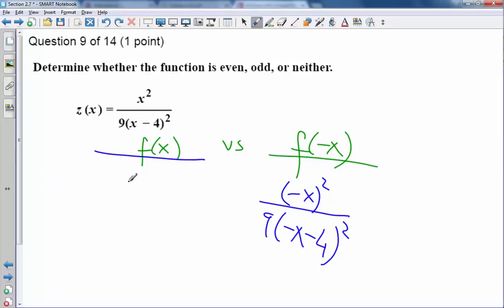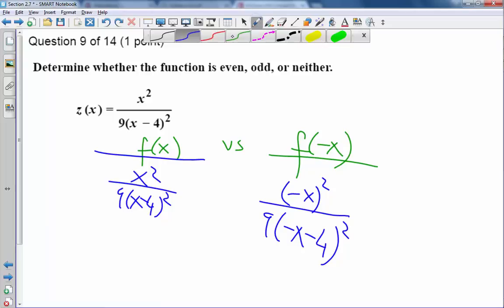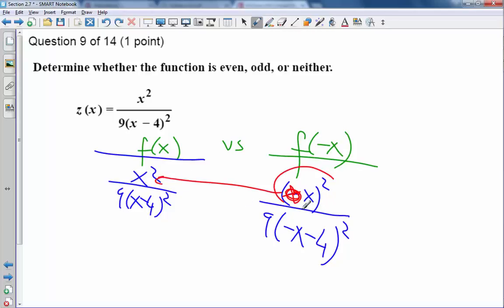versus this guy, which is x squared times 9 times x minus 4 squared. Now, are they matching? Are they the same? Almost. This thing is positive, yes. This minus is gone. It's positive because of the square. So they match. Top match. How about the bottom? I have this extra negative, but can I wipe off this minus with this square?